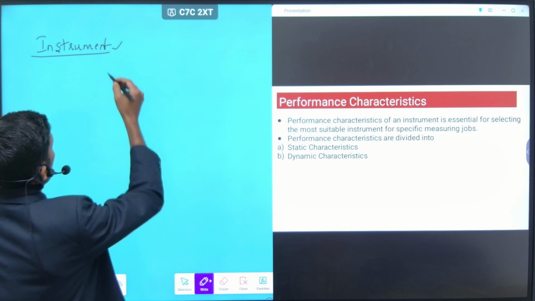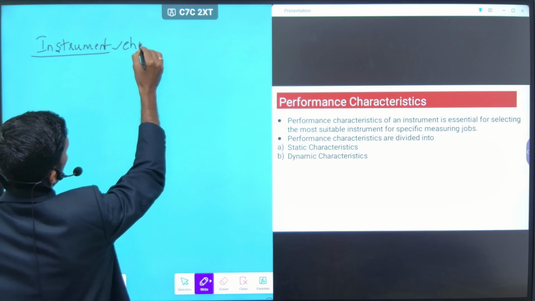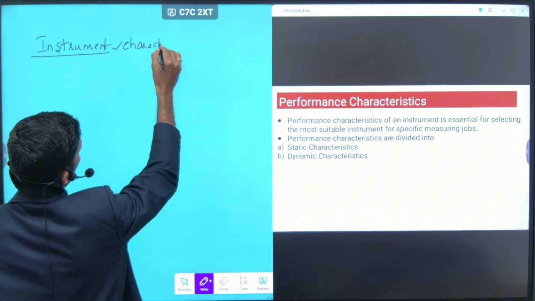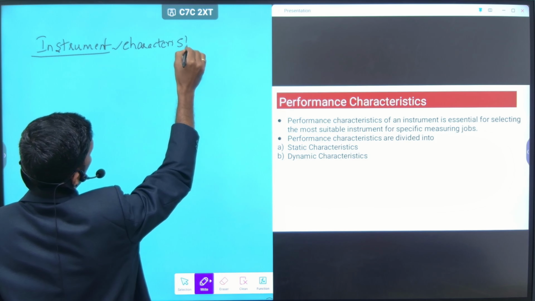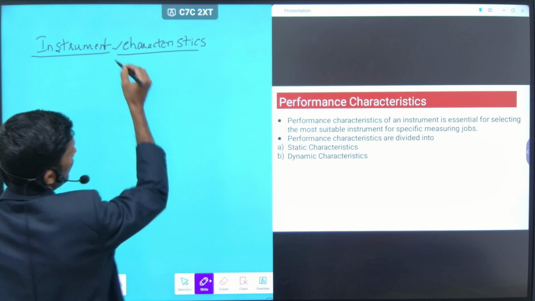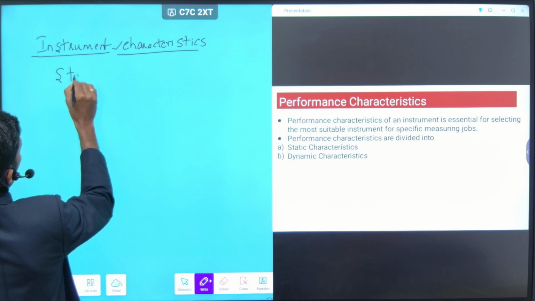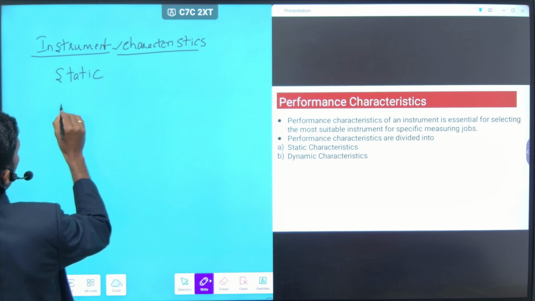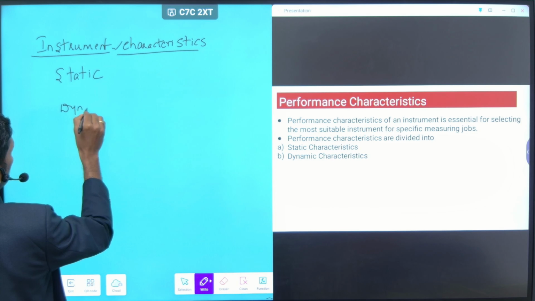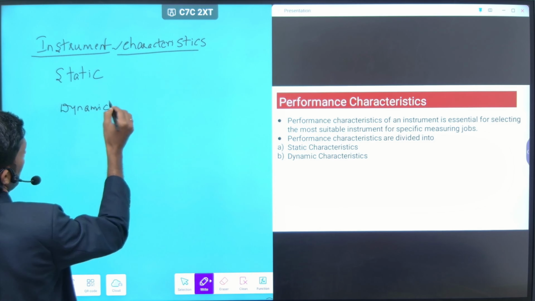These instrument characteristics can be classified into two types. The first one is the static characteristics, and the second one is the dynamic characteristics.